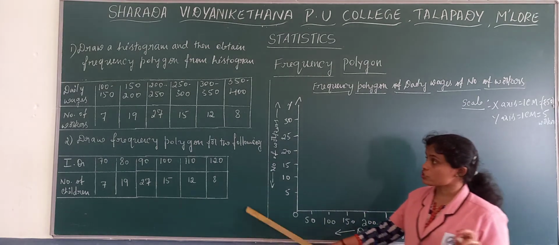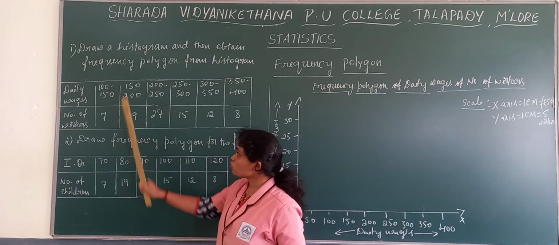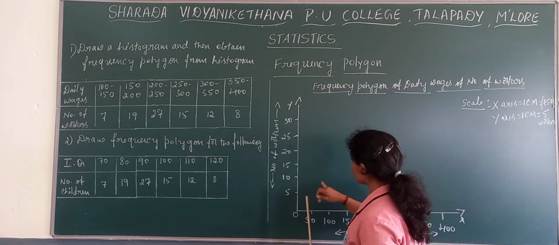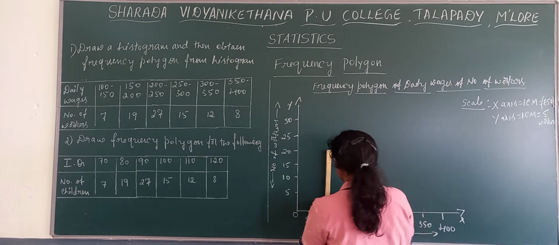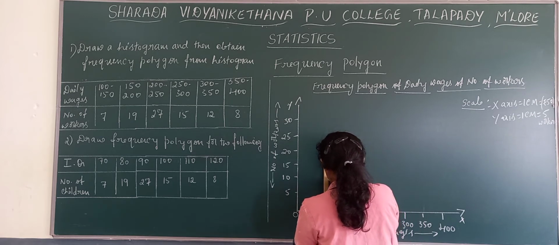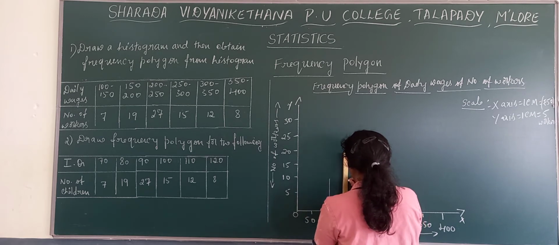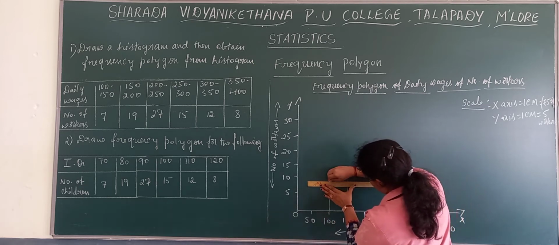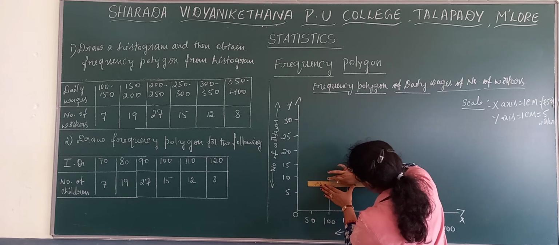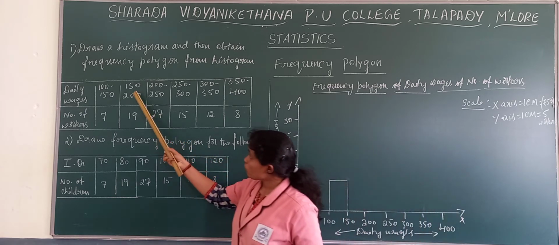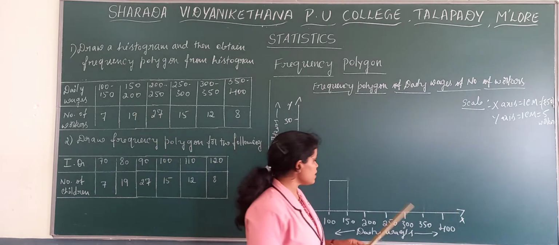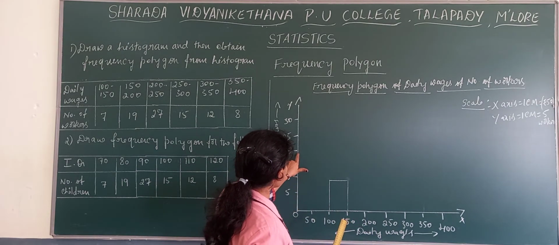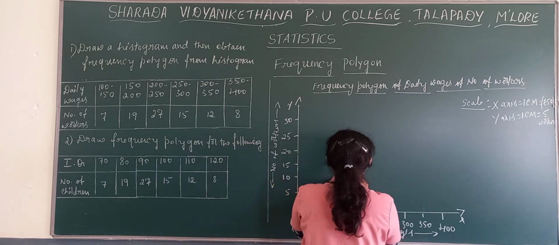Now firstly we draw the histogram there. First one, 100 to 150, that is 7. Then next one, 150 to 200, 19. 19 on an average will come here.